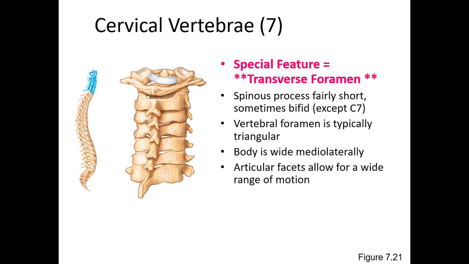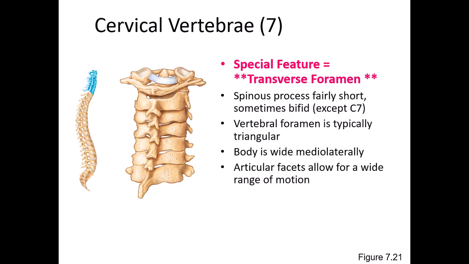The articular facets on the vertebrae in each region of the column are going to be oriented in a particular way, and that's going to create a particular type of movement or set of movements in that region. So in our cervical region, we know we can flex and extend our neck. We can also laterally flex our neck.